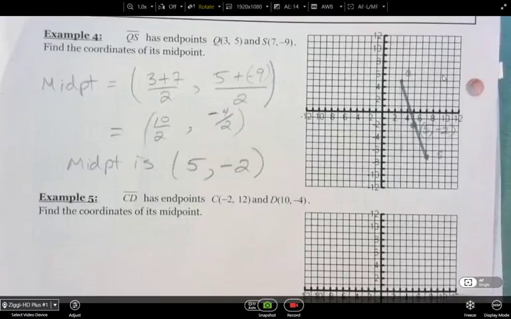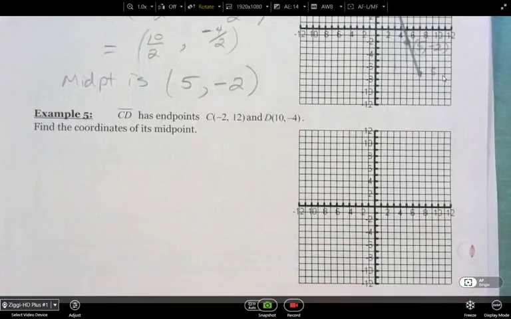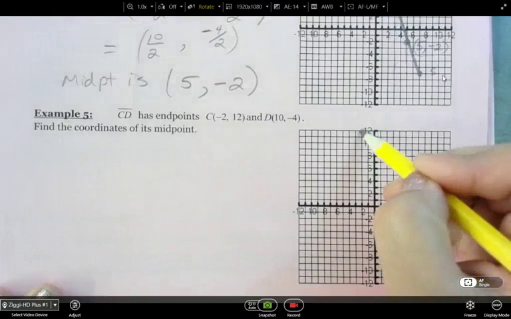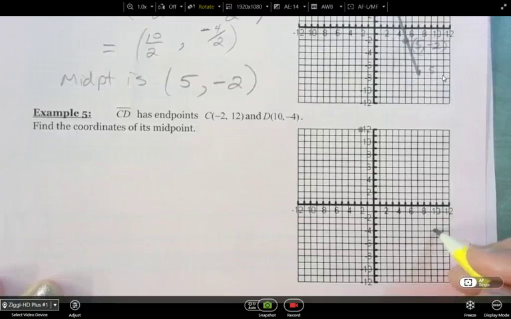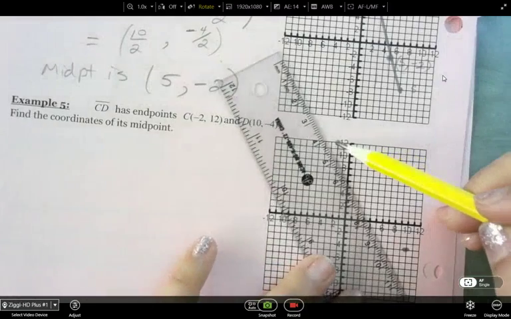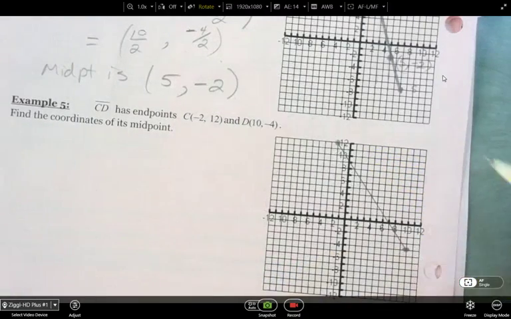Okay. Now let's have a look at this example. You've got the two endpoints, -2 and 12, which is right here, and then 10 and -4, which is right there. Can we see what the midpoint is going to be?